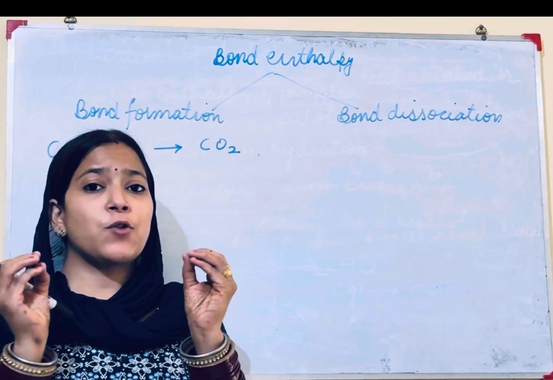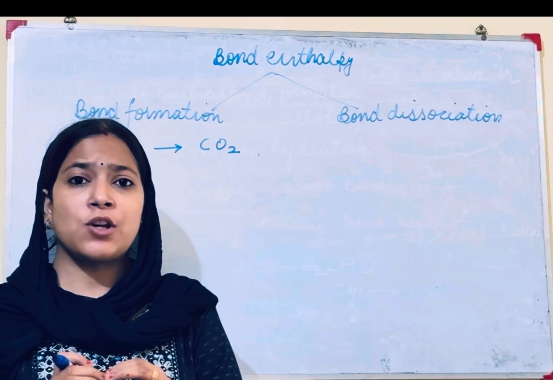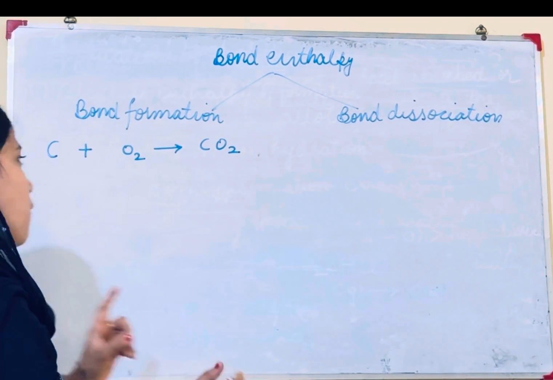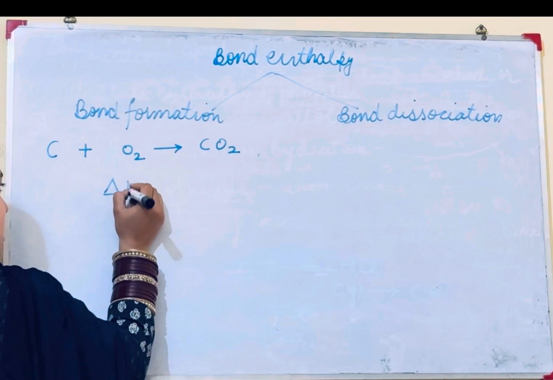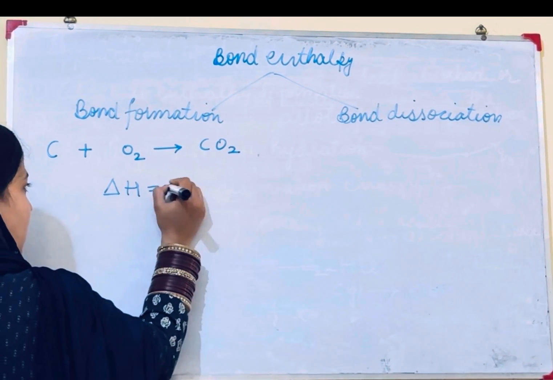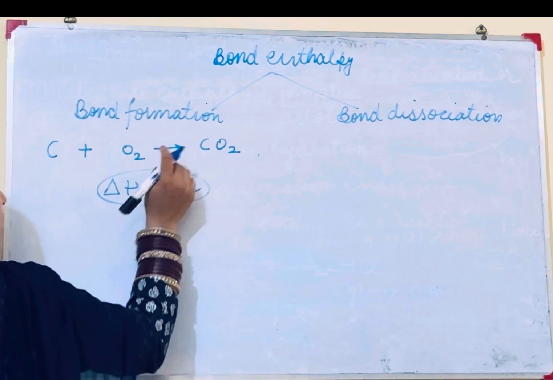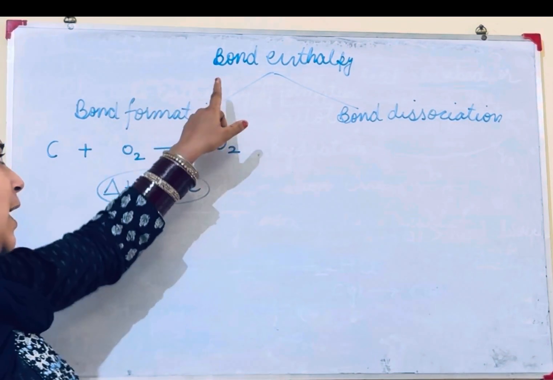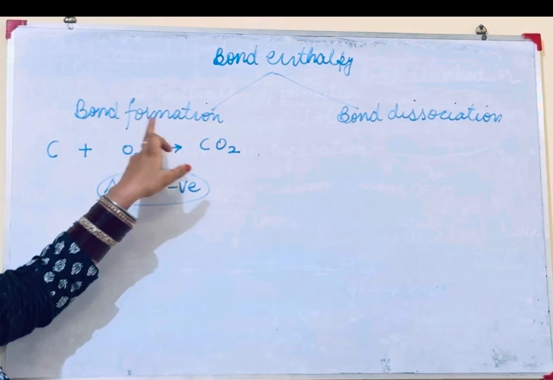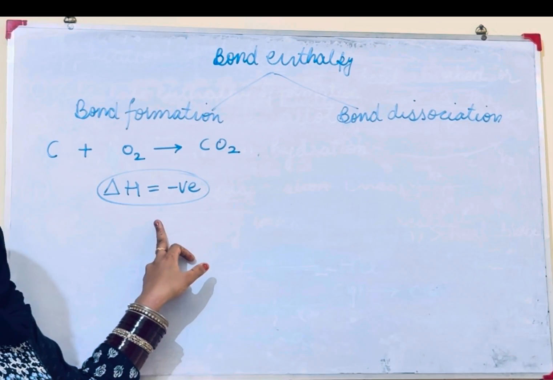In the previous reaction, we have written the energy change, which is negative. So wherever the energy is released, it is negative. So the bond enthalpy, meaning energy change during the bond formation, is always negative.